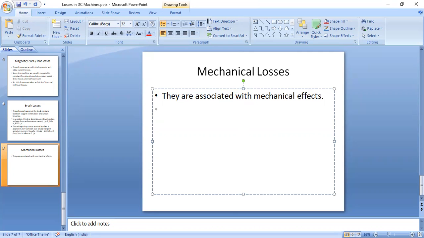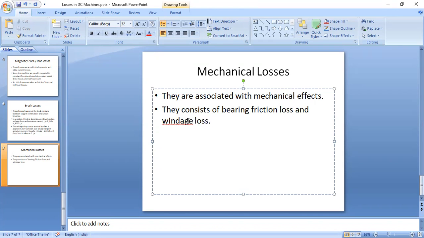They consist of bearing friction loss and windage loss.